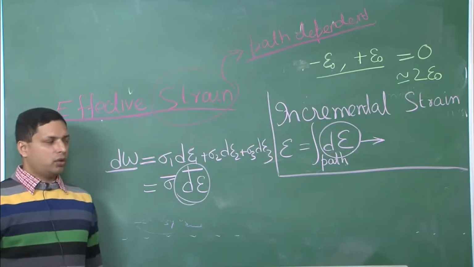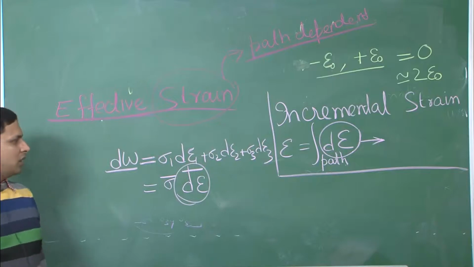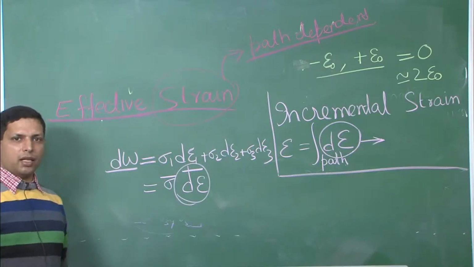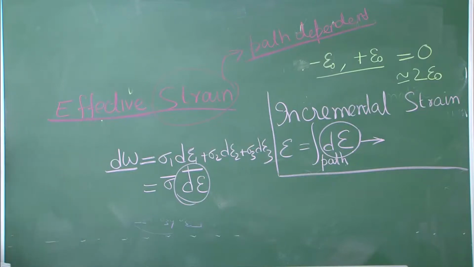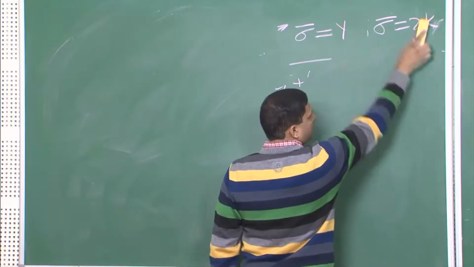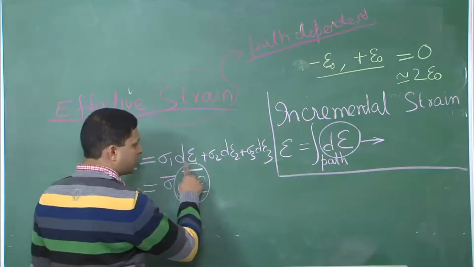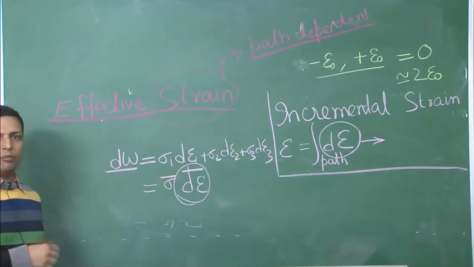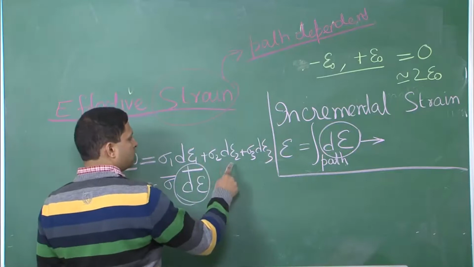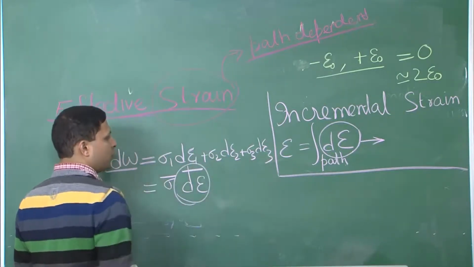Now, we are in a position to define the effective strain, particularly in terms of incremental strain. Now, the next step is to find it in terms of the total strains. Here again we will have to make some assumption, and one important assumption is that the material is being deformed in such a way that epsilon 1, epsilon 2, epsilon 3, which are the principal strains, or to be more precise d epsilon 1, d epsilon 2 and d epsilon 3, remain proportional, meaning one does not increase disproportionately compared to the other.